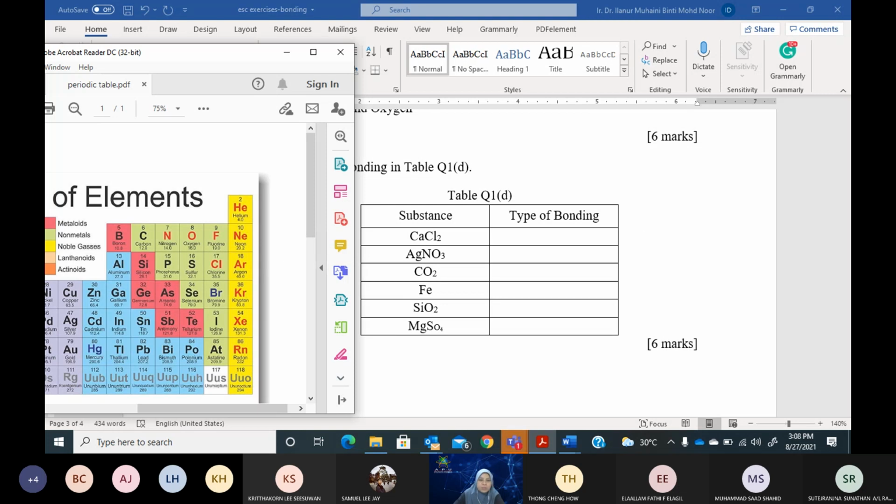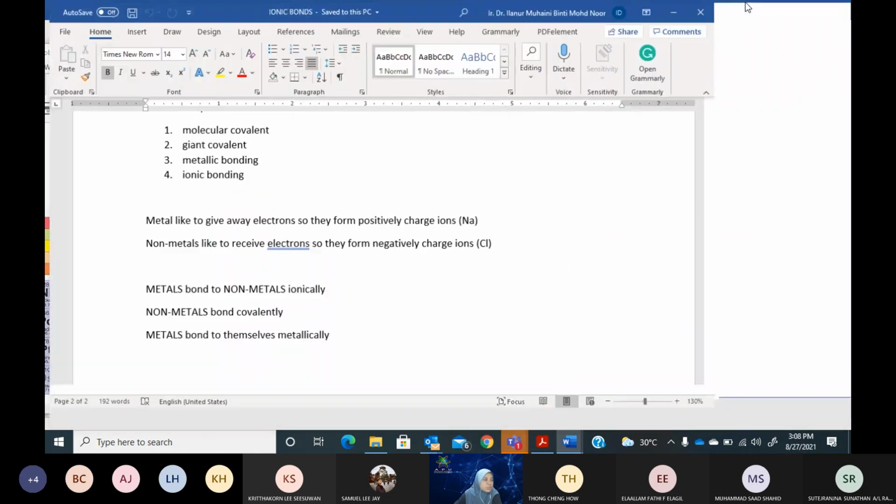So the types of bonding we have seen in the previous class. We have how many types? 3, the major ones, right? Bonding. So previously we have learned this.